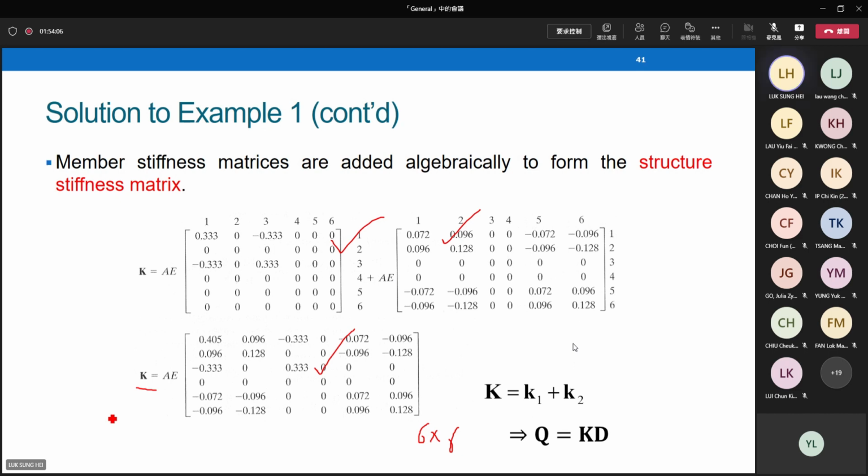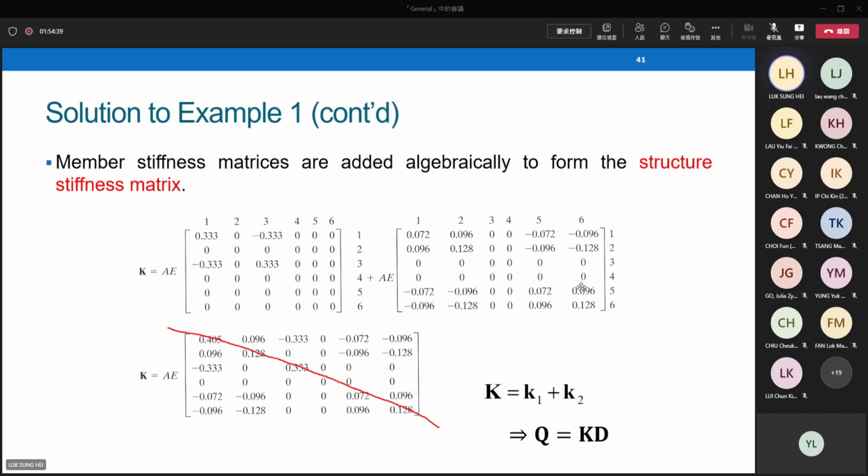What can we observe from this structure stiffness matrix? Actually, all the element matrices are symmetrical, and the structure stiffness matrix also satisfies this symmetrical property. That's why you just need to evaluate one triangle, just like the element matrix.